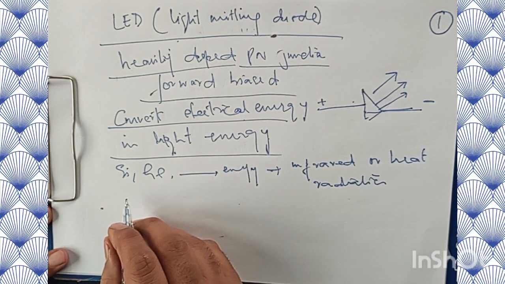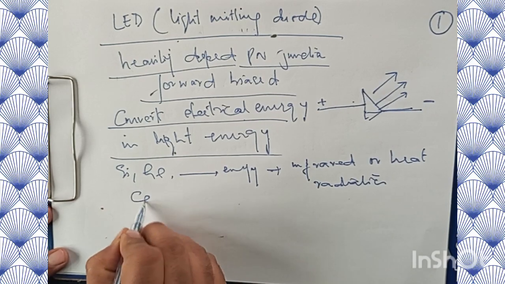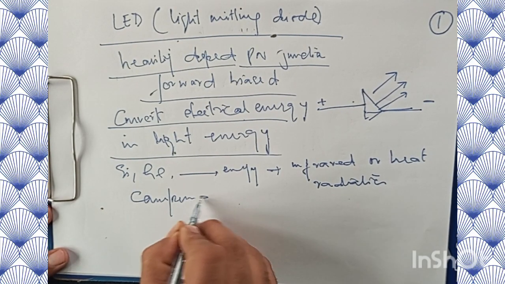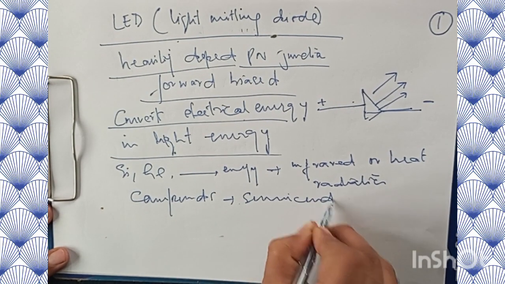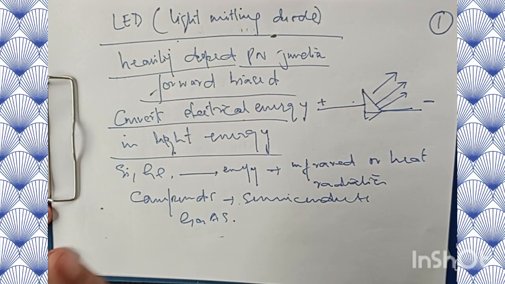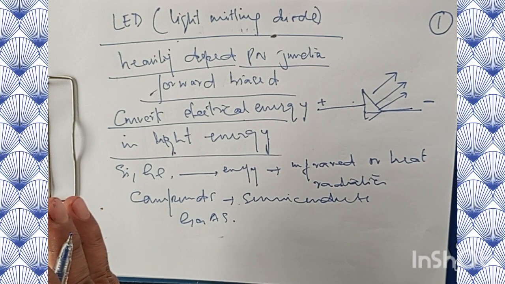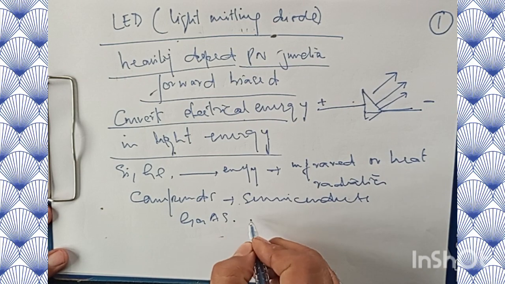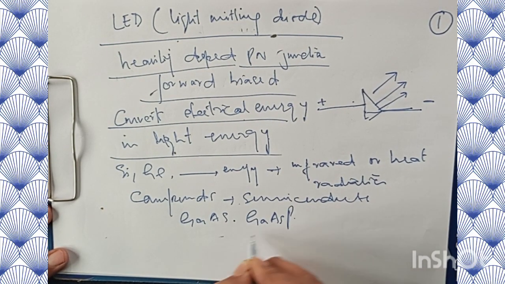So we make use of some special compound semiconductors, and examples of these are gallium arsenide, and we have to be precise in materializing a semiconductor like gallium, arsenic, and phosphorus.